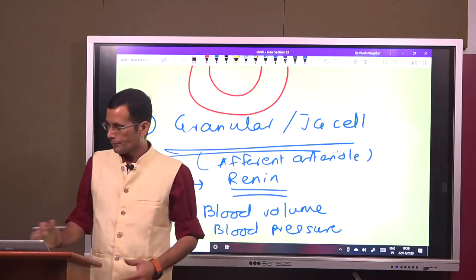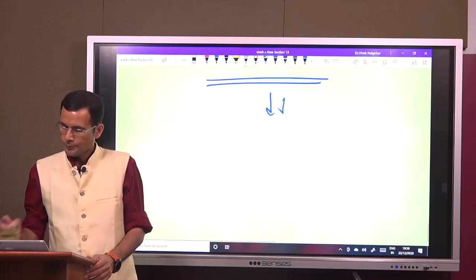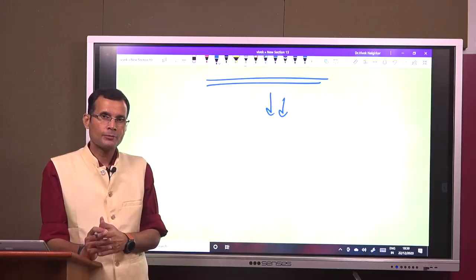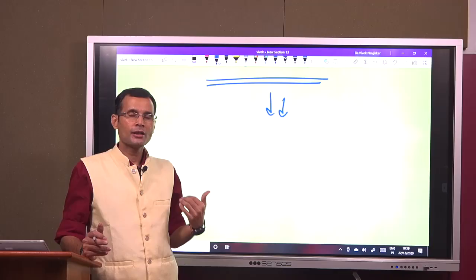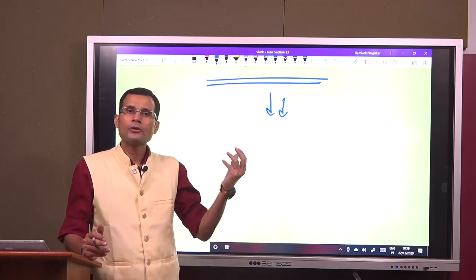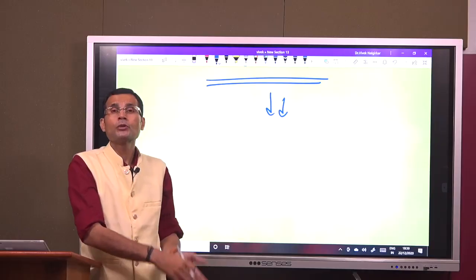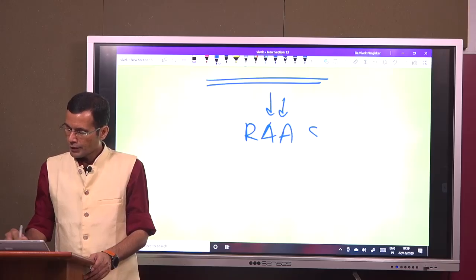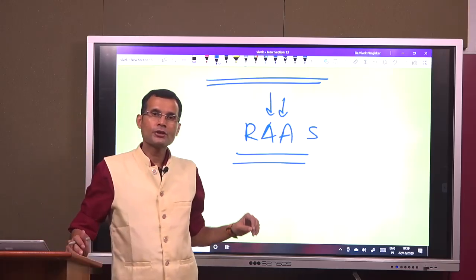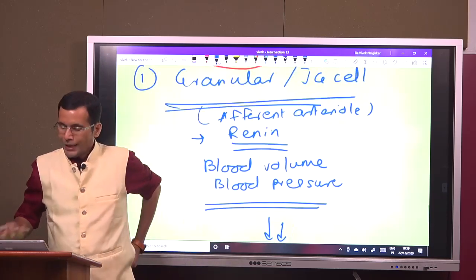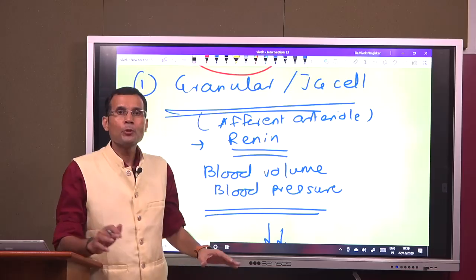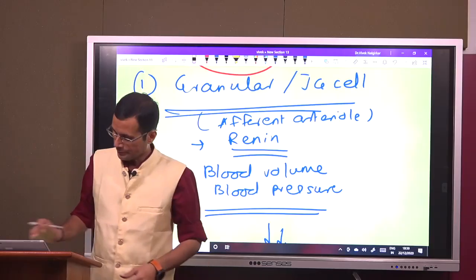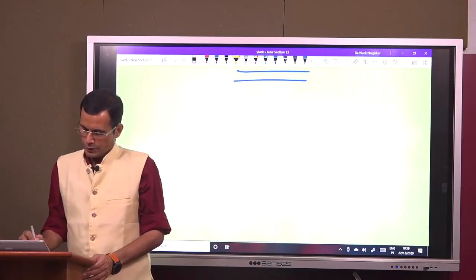It will increase, and what happens as a result? It will convert angiotensinogen into angiotensin 1. And then while it is passing through the lungs, there will be angiotensin 2, and angiotensin 2 will cause release of aldosterone. So that is the significance of RAAS, renin angiotensin aldosterone system. So that's the first function of the component of the JG apparatus, regulation of blood volume and blood pressure.